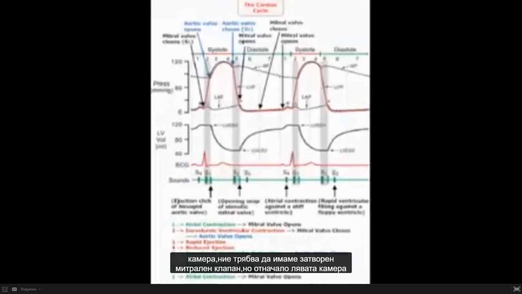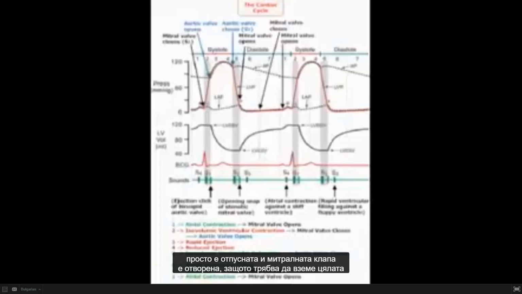When pressure generates inside the left chamber, we're supposed to have a closed mitral valve. But from the beginning, the left chamber is just relaxed. The mitral valve is open. Why?